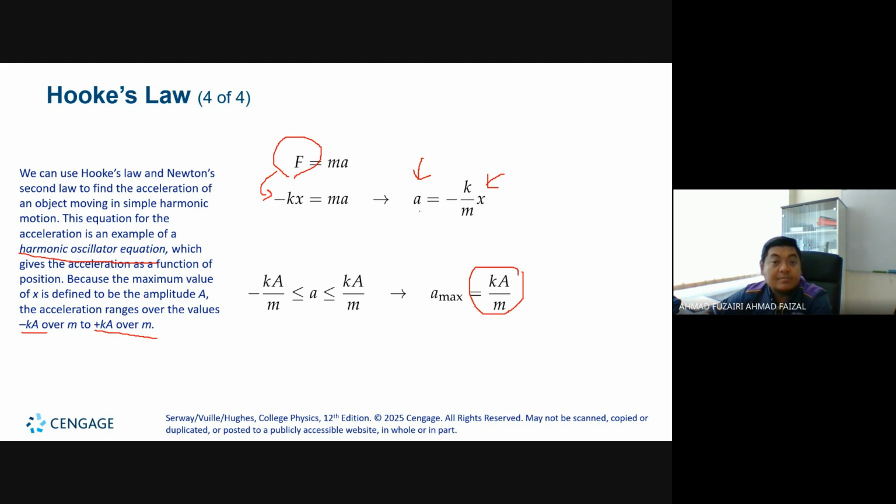The x is the elongation, but in the repeating process of simple harmonic motion, that means it's oscillating, x is equivalent to the amplitude. We don't use this x because this is a normal elongation, and we change to a displacement, which we call the amplitude. Remember, amplitude is the maximum displacement.